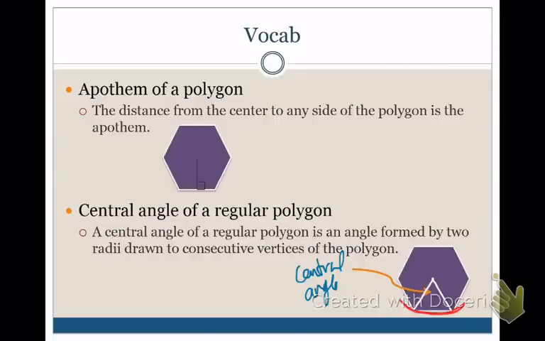Since this is a hexagon, how many central angles are there? If you draw all the radii in, there are 1, 2, 3, 4, 5, 6. All of these chords that are created on this circle are congruent and therefore 60 degrees.